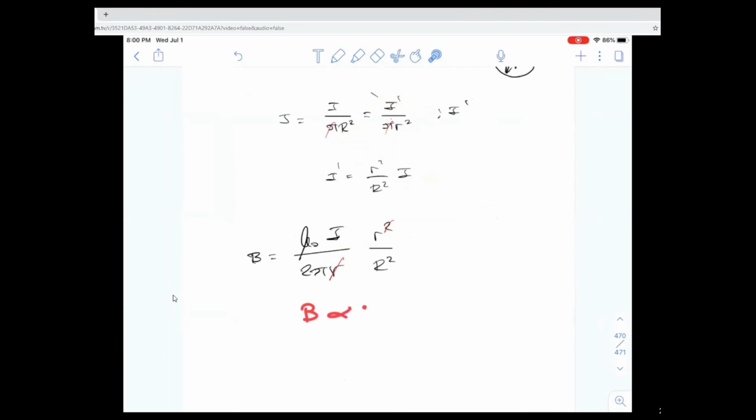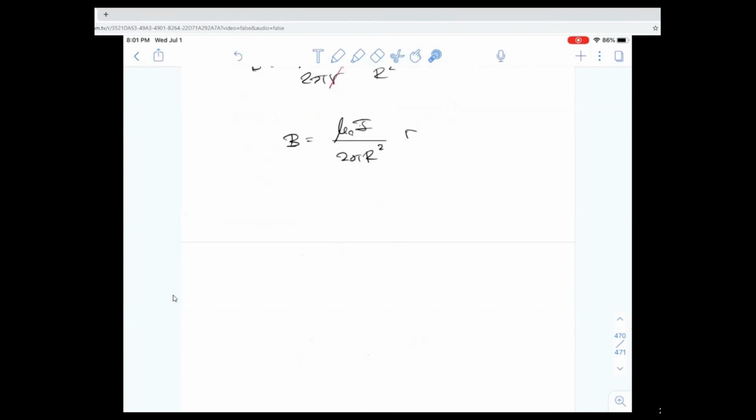So B is going to be directly proportional to r. Which means that the strength of the magnetic field is going to increase within the wire as you're moving radially away from the center, because the amount of current also increases within that distance. All right, Nathan, give yourself 20 points for that statement.